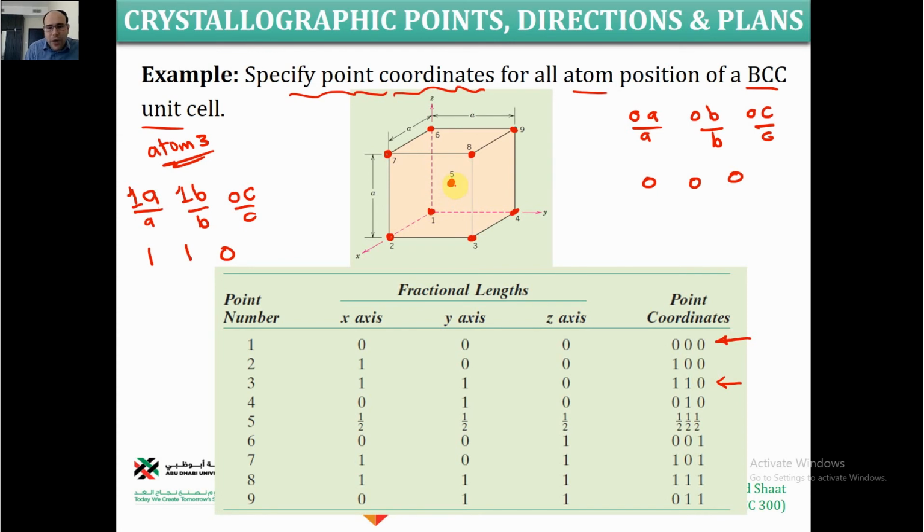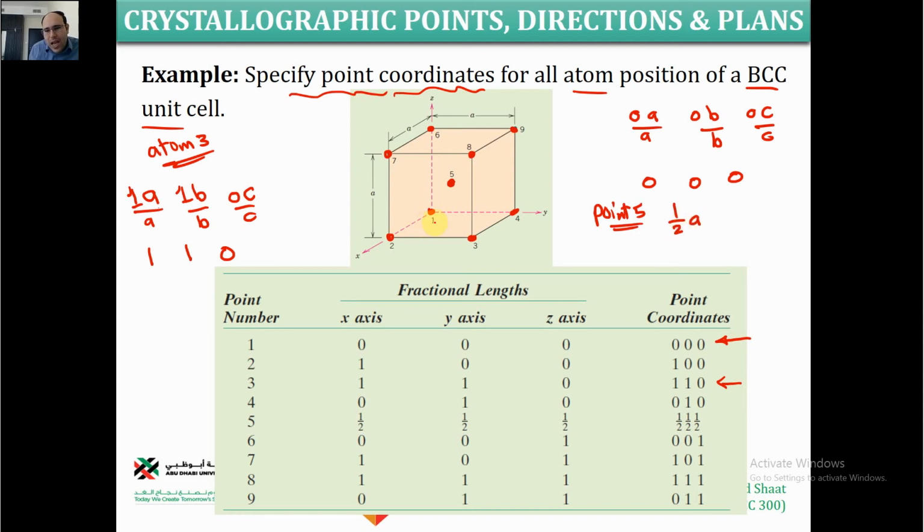How about atom 5, which is located in the core? In the core, it means that if you start from the 0 point to reach the core, like the middle of your room, the cubic shape, you're gonna start from here, moving parallel to x half of the edge A, half of it. So for point 5, you're gonna move half of the A, right?